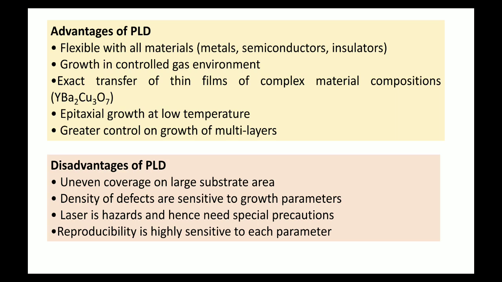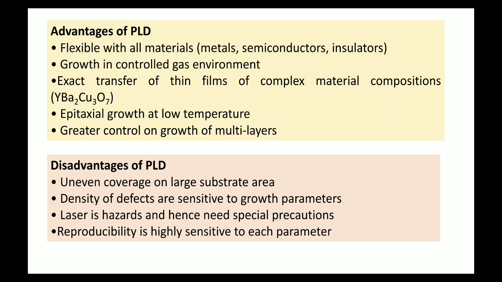Next point is epitaxial growth at low temperature. Epitaxial means almost like a single crystal. Suppose your substrate is single crystalline, let us say SrTiO3, this is the name of the substrate.